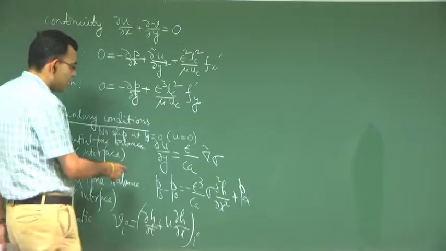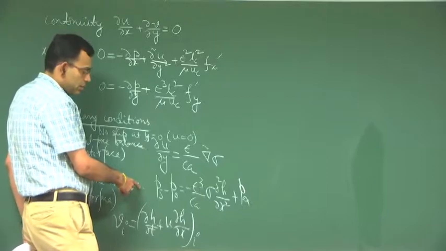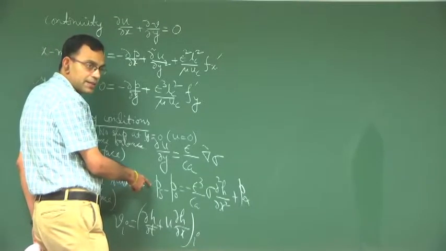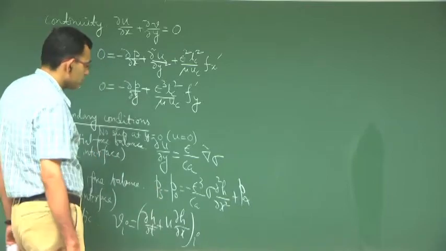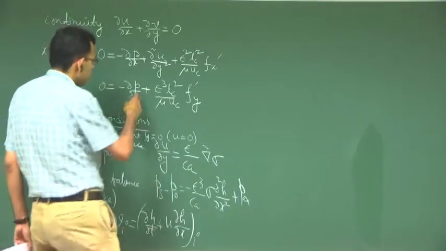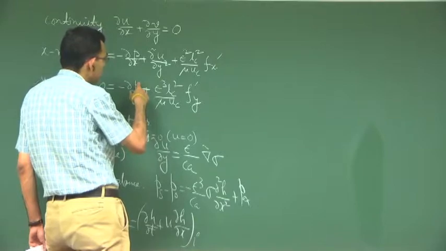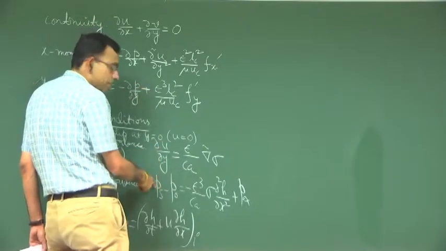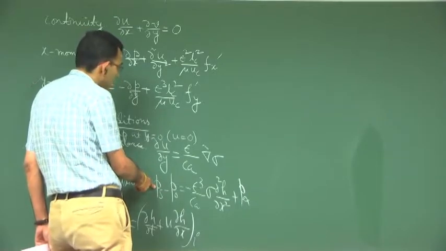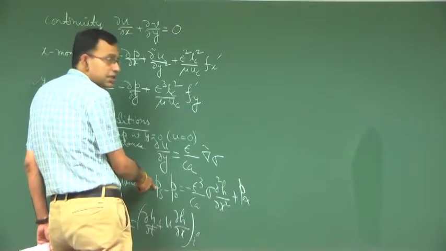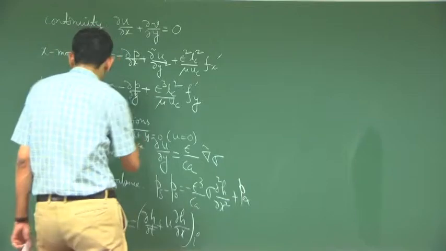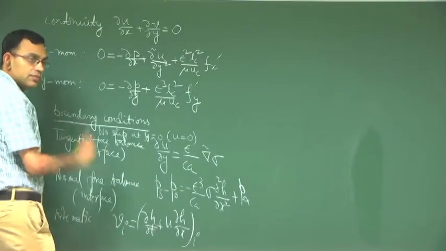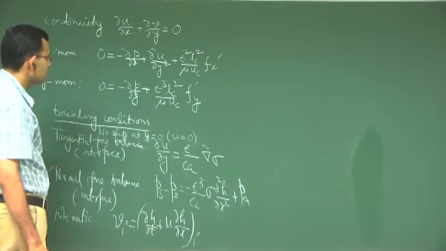Then we substituted the normal force balance: at y equal to h, P is equal to Ps, and that Ps we substituted here. So, we obtained a pressure profile. The pressure profile is obtained by combining the y momentum equation with the normal force balance.